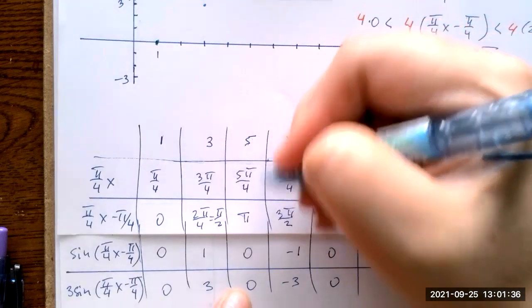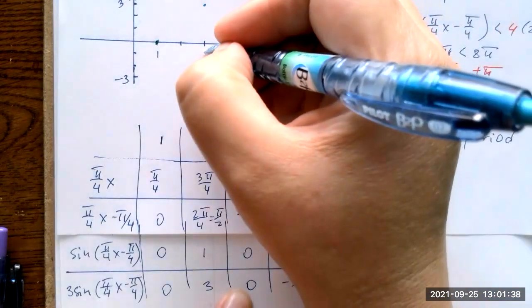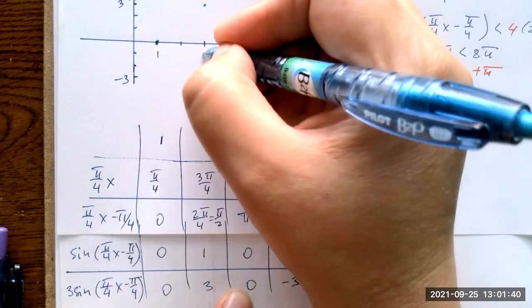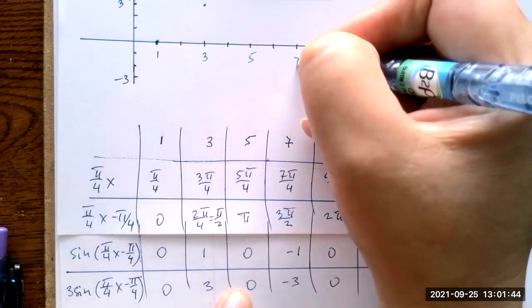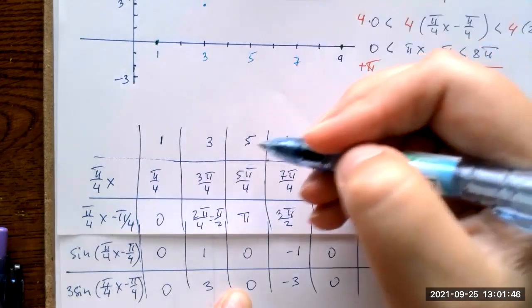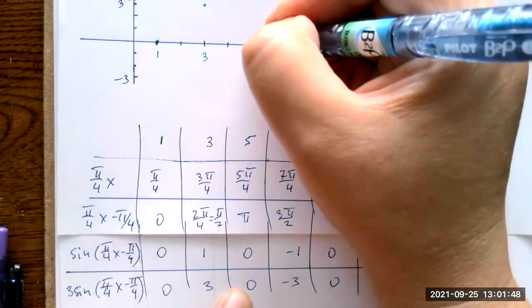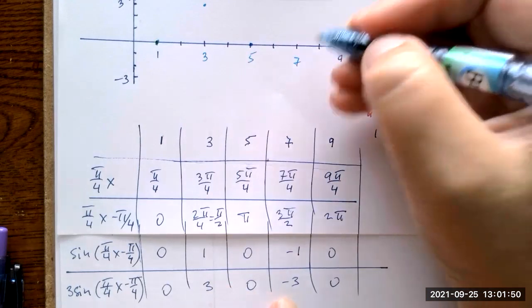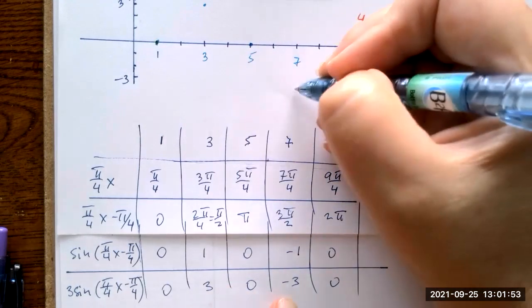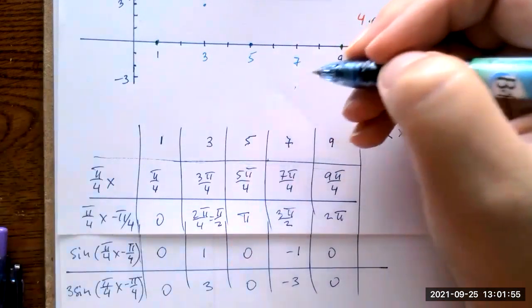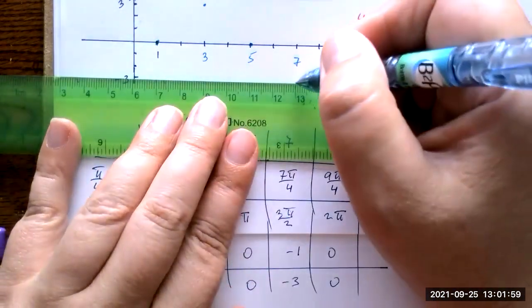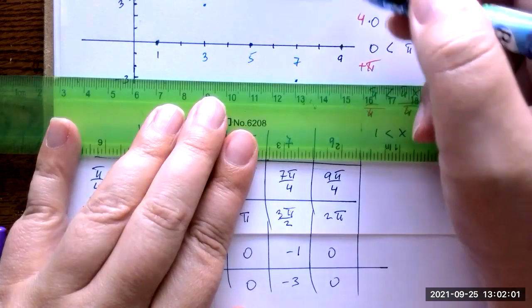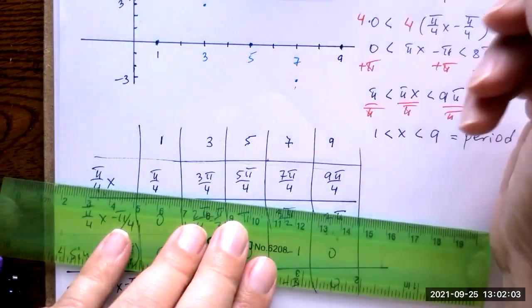Then the next one is 5, 0. Oh, let me mark those points. So 3, 4, 5, 6, 7, 9. So we have 5, 0. And then 7, negative 3. And 9, 0, back to 0.